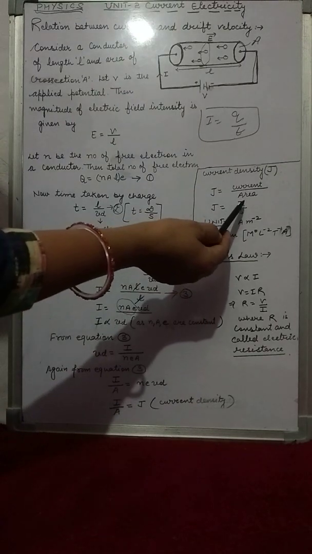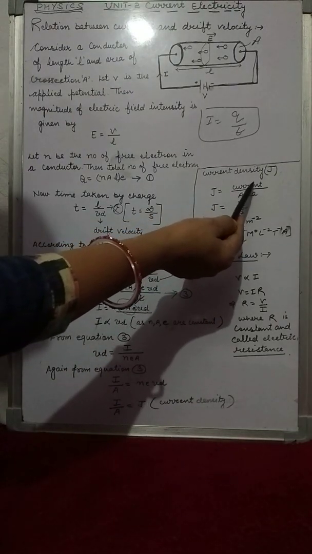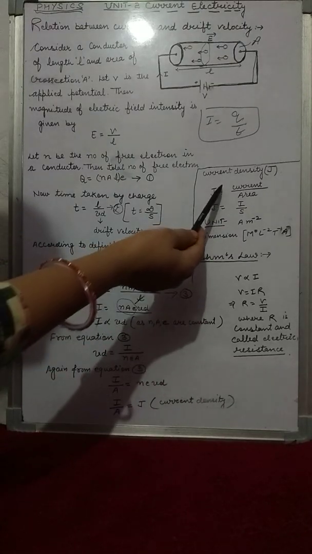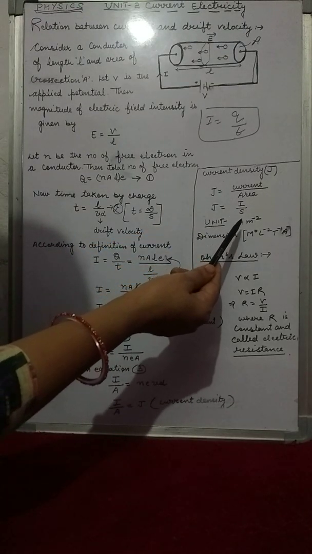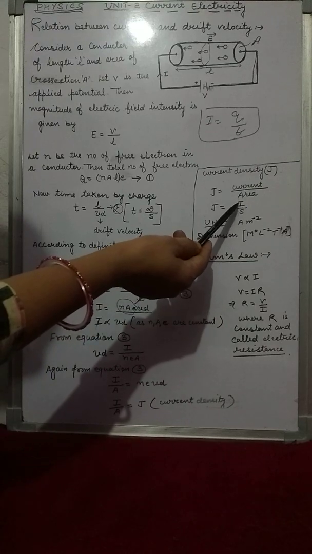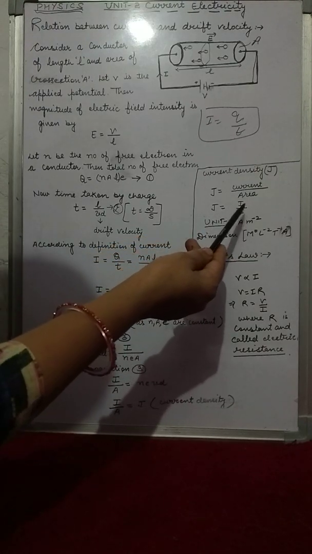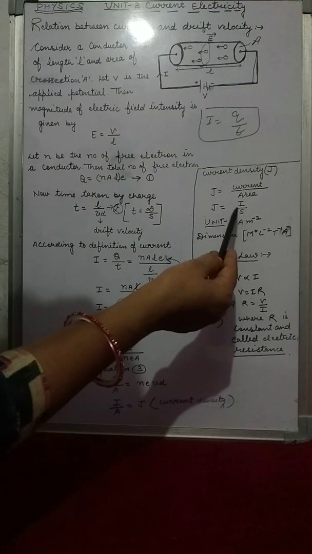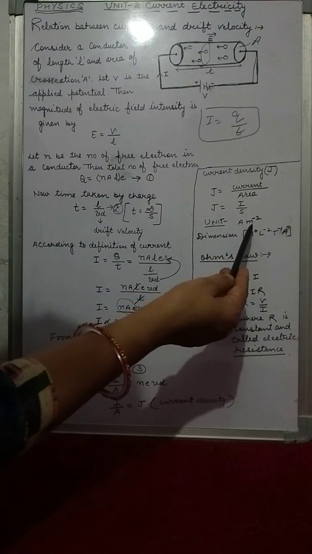So J is equal to I upon S, current is denoted by I and area is denoted by S. The unit of current density is ampere per meter square, since the unit of current is ampere and the unit of surface area is meter square.